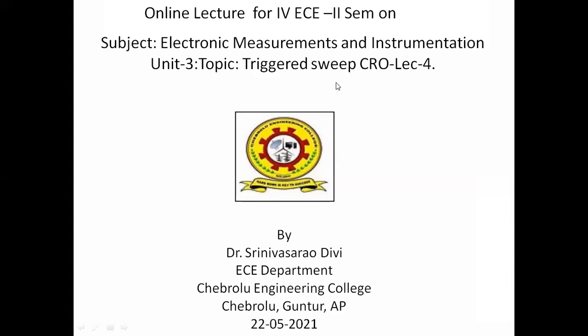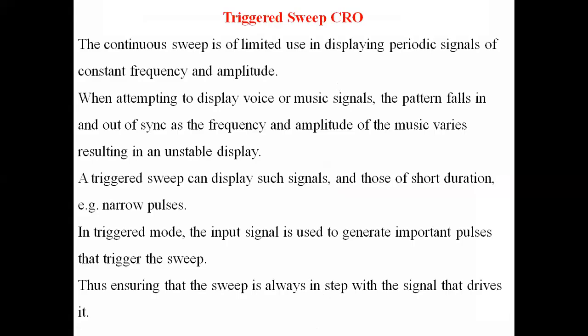Suppose you consider an audio frequency signal, or voice signal. If you want to display voice or musical signals, those patterns change continuously, so there is no certain fixed frequency.